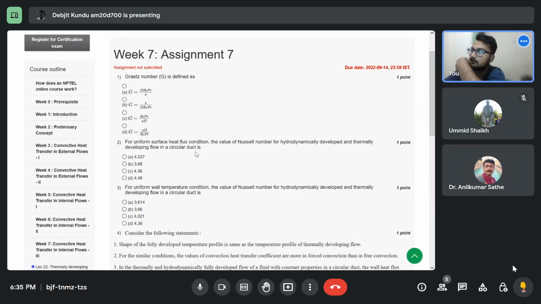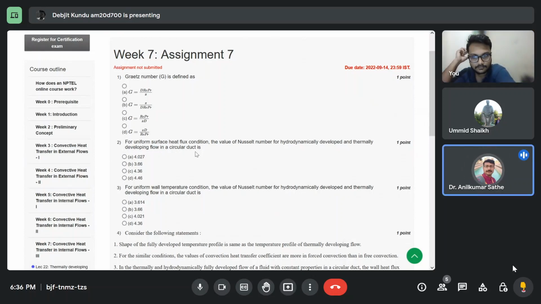Now it is hydrodynamically developed but thermally developing, that means Nusselt number should be higher than 4.36. That is my logic. Now here my answer is 4.46. But why 4.46? That can be anything, it could be 500, 10,000, anything. So you have to make a guess from the options given.